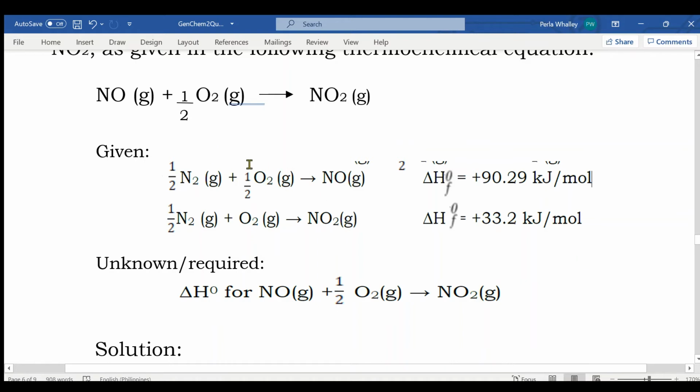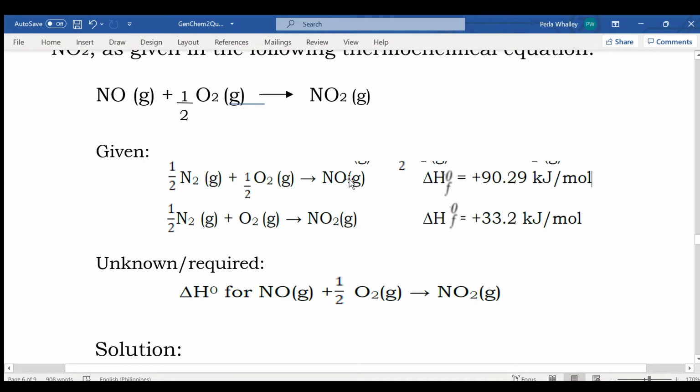And why did we not reverse the second equation? It's because we need the nitrogen dioxide gas in the product, so we will not reverse the equation.